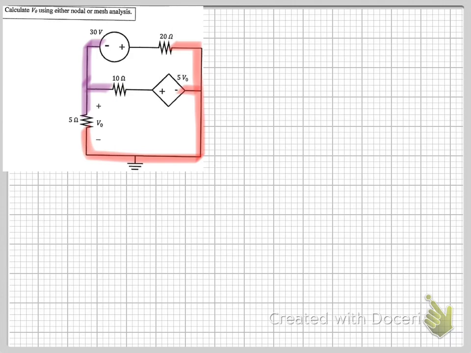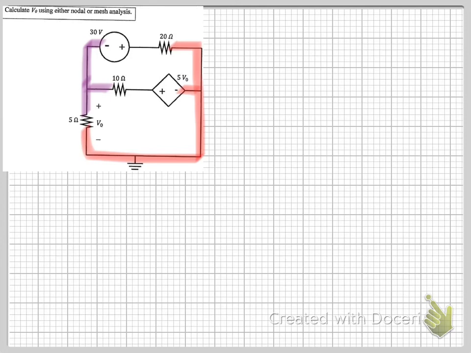So obviously your one node is grounded, so you only have one node. So why would you want to do anything but nodal analysis? Nodal analysis is always the boss. Always choose nodal analysis, because nodal analysis is the best, in my opinion. But there are places where it doesn't work, but usually nodal.